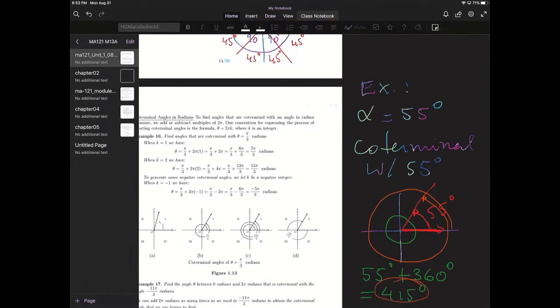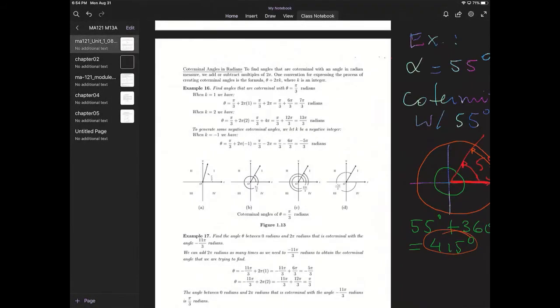Okay, so that's how we get it in degrees: you either add or subtract 360 to get a variety of coterminal angles. Now, if you have your angles in radians, that's the same idea. Instead of adding 360, we're going to add 2 pi, because 2 pi is the same as 360. But I need to do it in the same type of units that I have in the original angle.